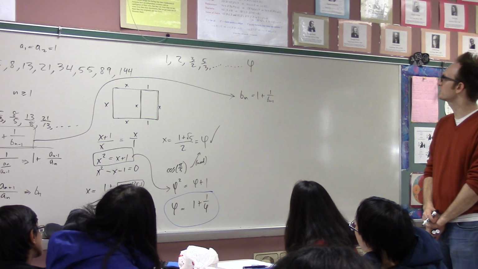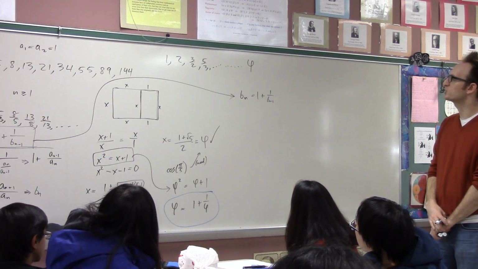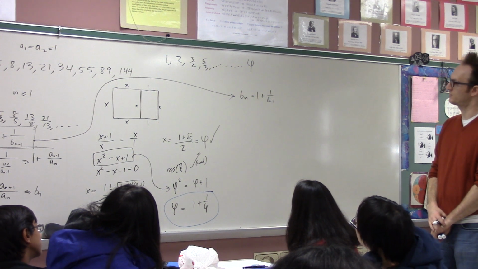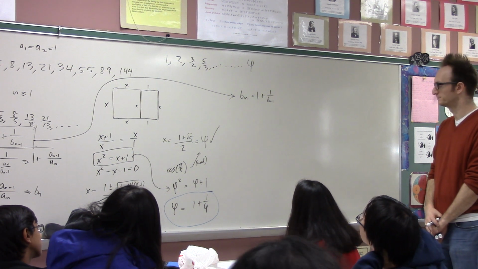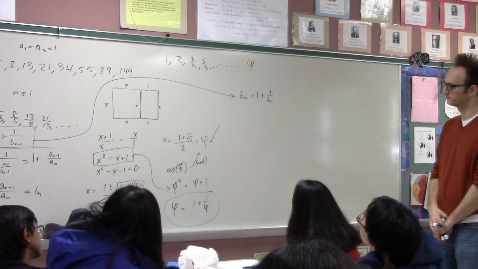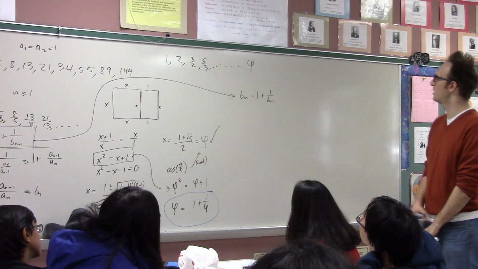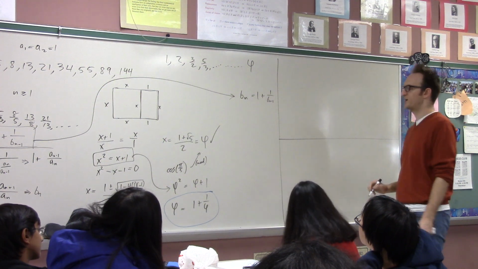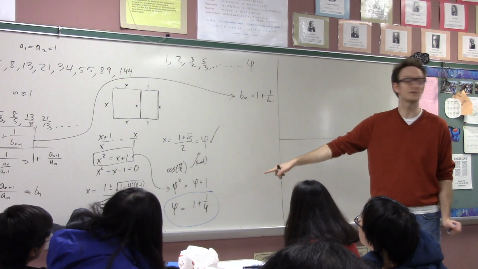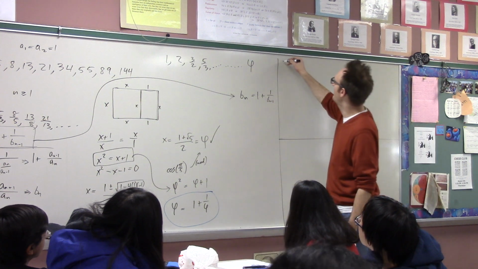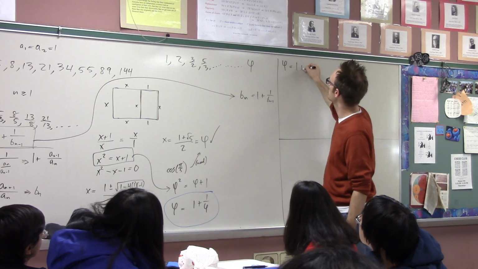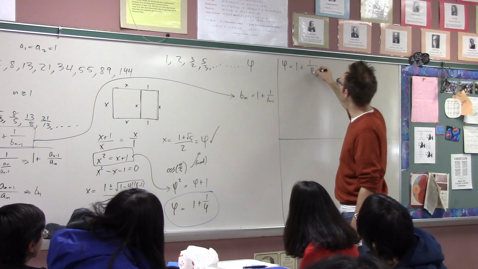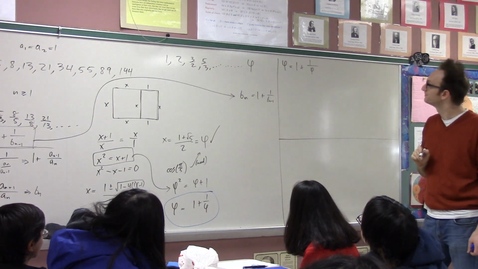So if you think about what's going on here, we'll now do this in 2 different ways. Start with 1. Phi is 1 plus 1 over phi, right? But because phi is 1 plus 1 over phi, we can now do some phi-ception.